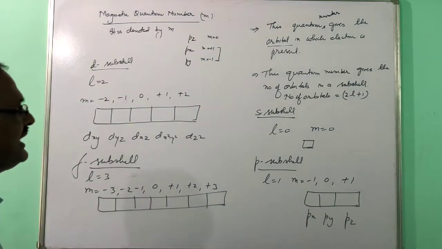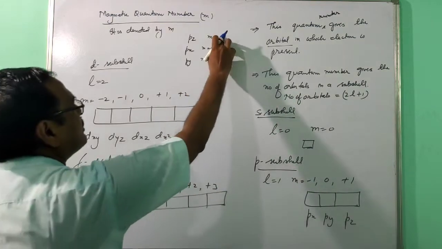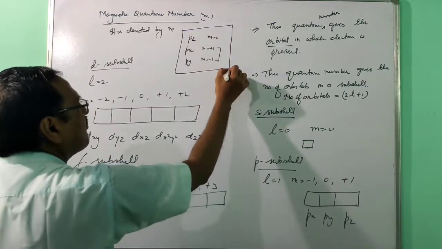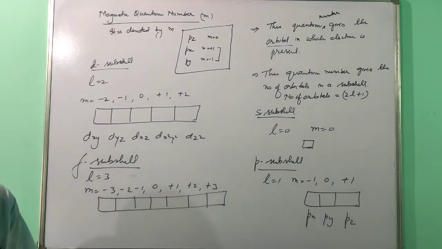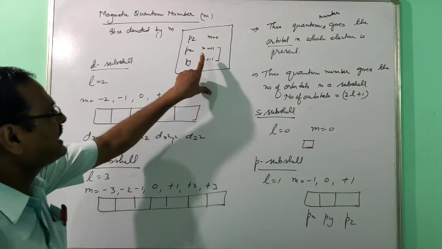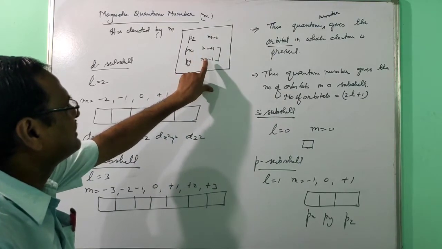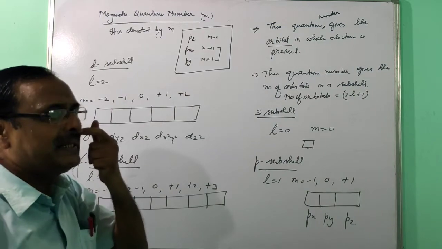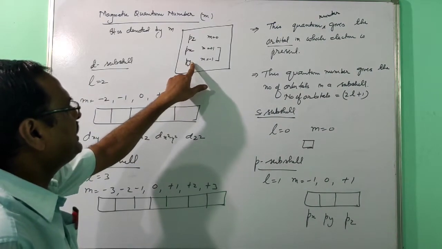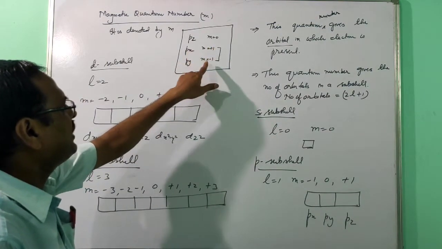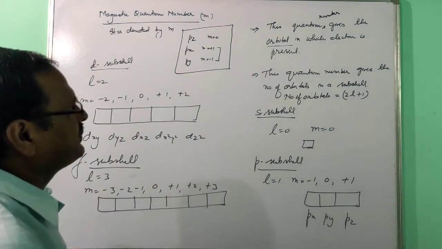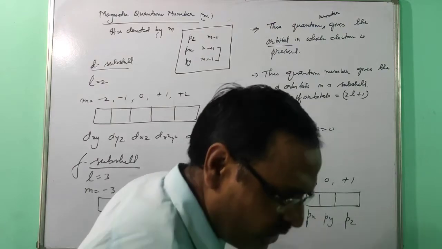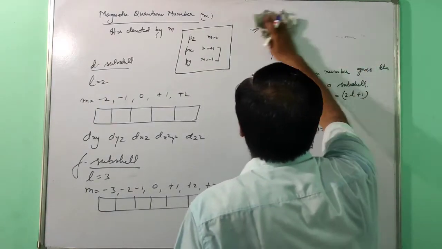So when m is equal to 0, it will be the Pz orbital. For m equal to plus 1, you can take Px, and for m equal to minus 1, you take Py. And suppose you interchange, for Py you can take plus 1 and for Px you can take minus 1.